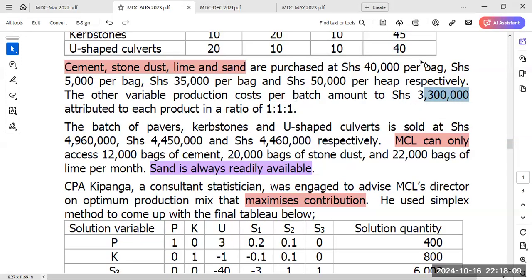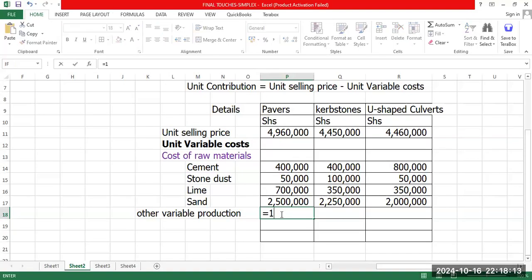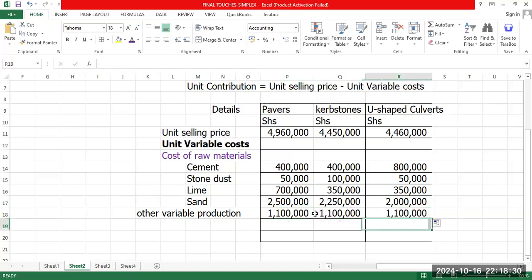So for pavers, we are getting 1 out of 3 times 3.3 million. It will be the same since the ratio is the same. Because if you add, you must get the overall, that is 3.3.